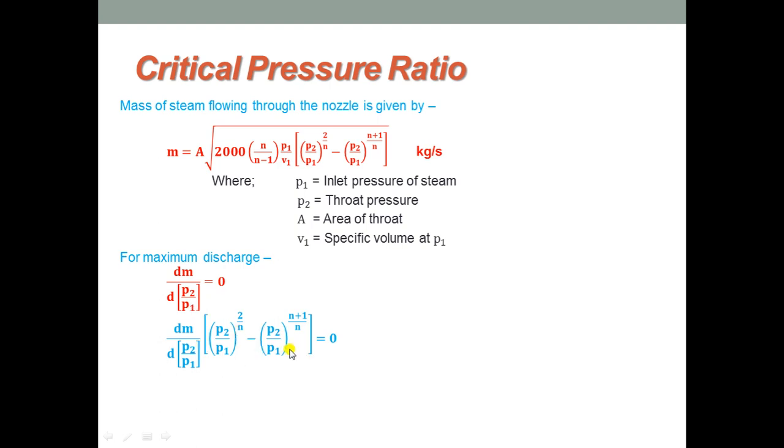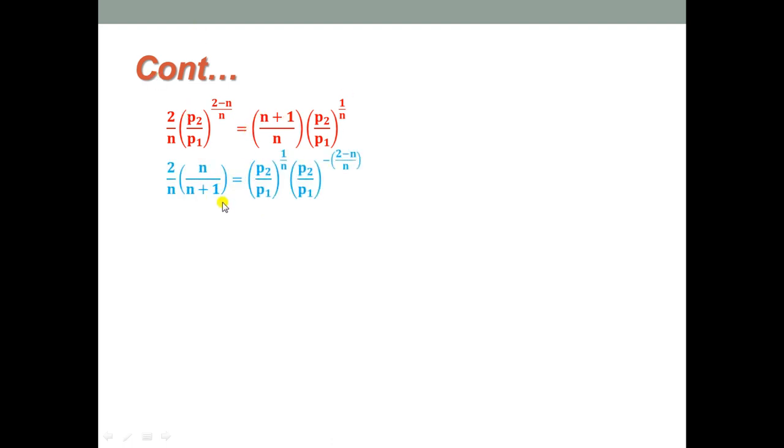After differentiation we get 2 by n into (P2 over P1) to the power of 2 by n minus 1, minus n plus 1 over n multiplied with (P2 over P1) to the power of n plus 1 over n minus 1, which is equated to 0. Now we simplify the terms by rearranging them, so we get this expression, and then we simplify for P2 over P1 and rearrange the terms.